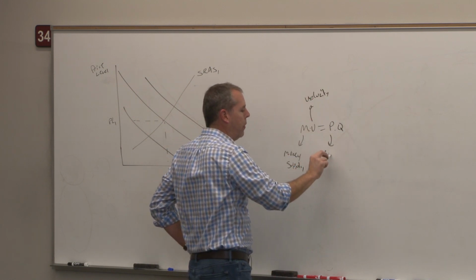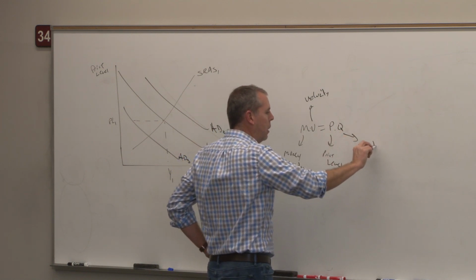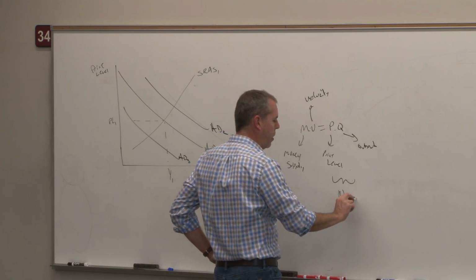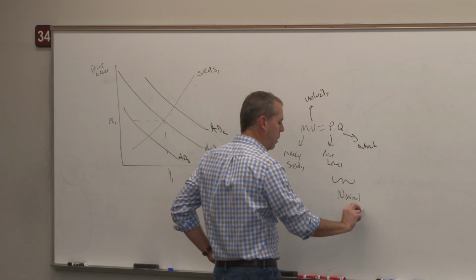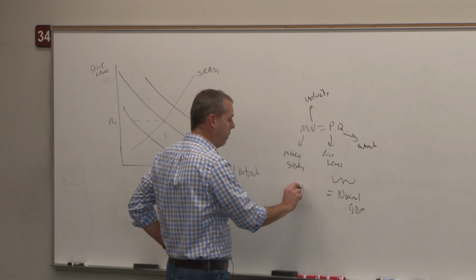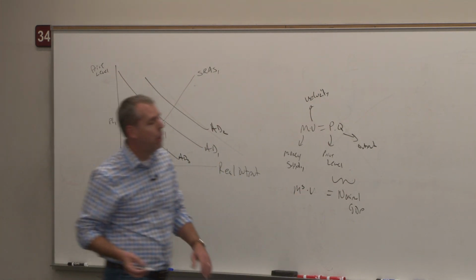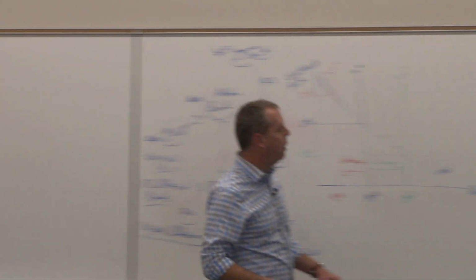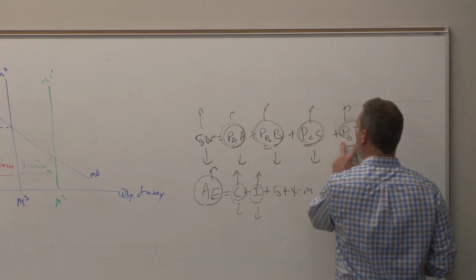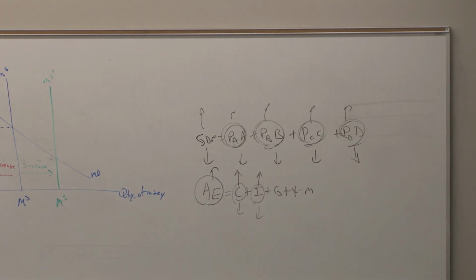This was our price level. And this was our output. So that we said, hey, basically, in essence, what you've got here is nominal GDP equal to this money supply times how many times each of those dollars is going to be used, right? The only way that we can have more transactions here is if there are more dollars or those dollars are getting used faster, if the velocity is increasing, right?